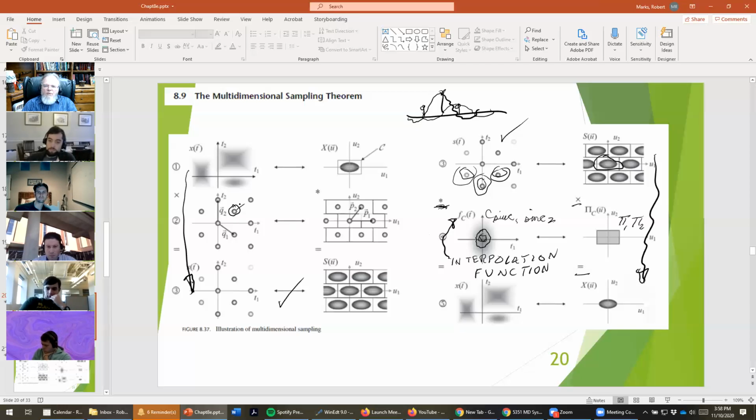If you make these farther apart, you make these closer together, don't you? That's the scaling theorem, right? You stretch it out in time; in the other domain, you push it together. And if the samples are too far apart, these are going to be too close together, and these spectra are going to overlap, and you're going to get aliasing in two dimensions.